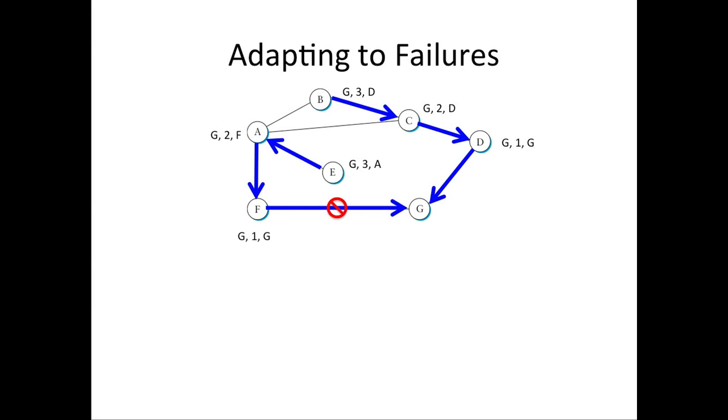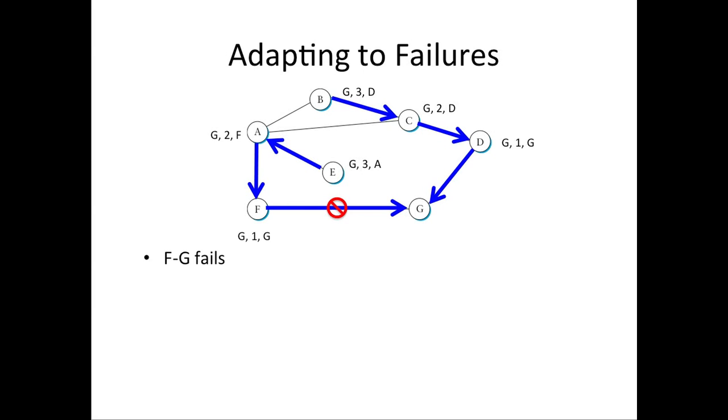So in the context of this particular algorithm, we're not talking about internet scale routing, but the same property is desirable even in smaller networks. So let's say this particular link, FG, breaks for whatever reason. We need to propagate this information somehow across the network, right?